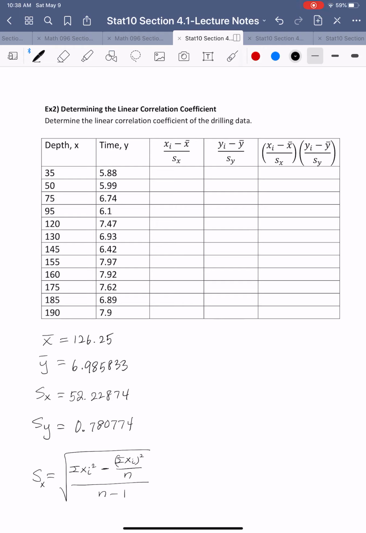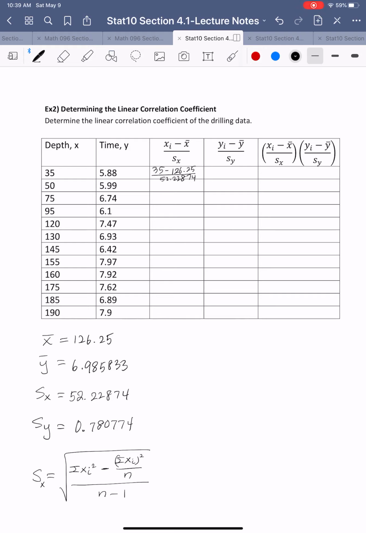Okay, once you have this, for the first expression, x sub i minus x bar over s of x: you can just put 35, subtract x bar, which is 126.25, and divide by s of x, which is 52.22874.